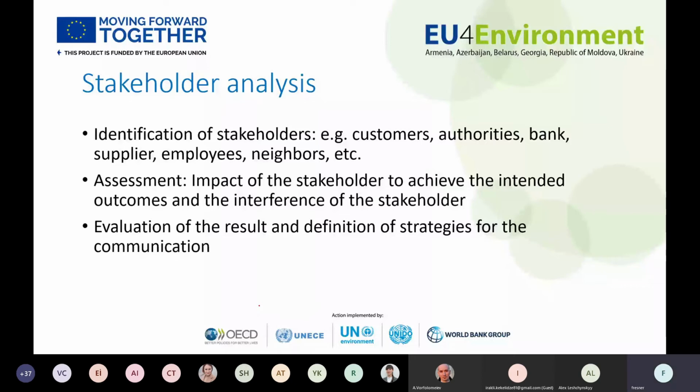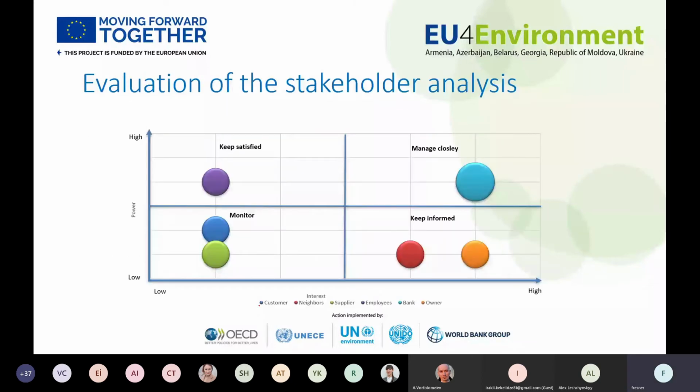This is a brief example of what strategies towards stakeholders could look like. This is clearly not our chocolate manufacturing company, but a steel mill. They identified customers, neighbors, suppliers, employees, and bank owners as key stakeholders who have an interest in the organization and the environmental performance of the organization.